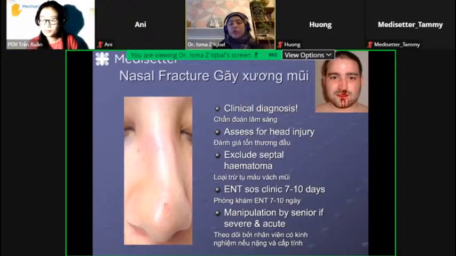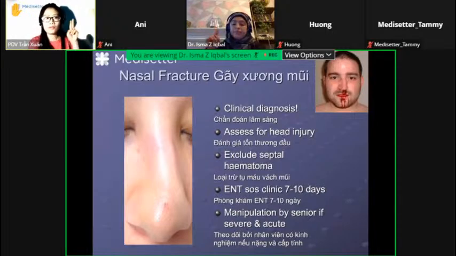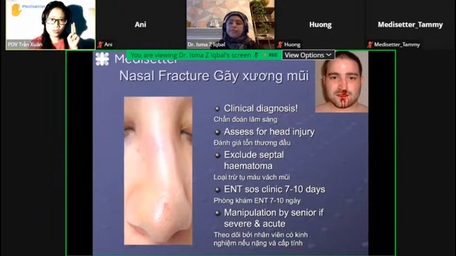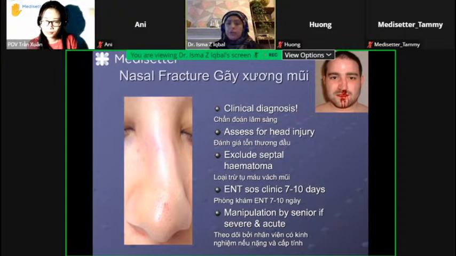If at that point you can see a nasal fracture and the patient is telling you that their nose looks different, you can reduce that fracture. Và nếu tình trạng gãy xương mũi đấy làm cho khuôn mặt biến dạng thì chúng ta có thể nắn lại. Tuy nhiên thì nếu gãy xương mũi đấy không quá lớn thì một thời gian nó sẽ giảm triệu chứng. In our unit, we would do these under local anesthetic in the clinic.